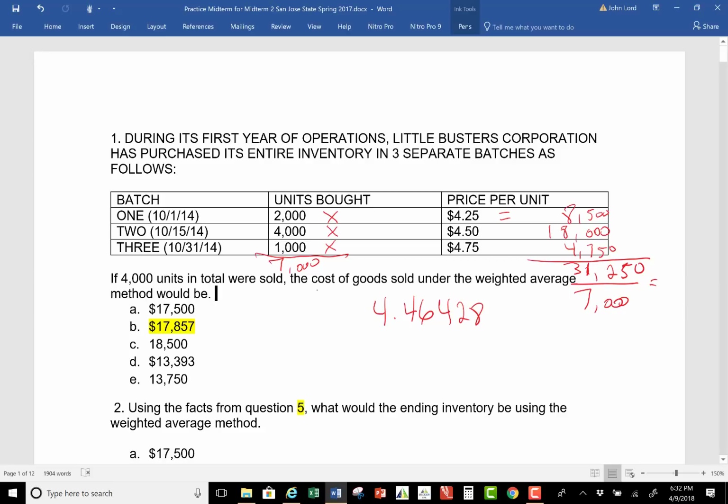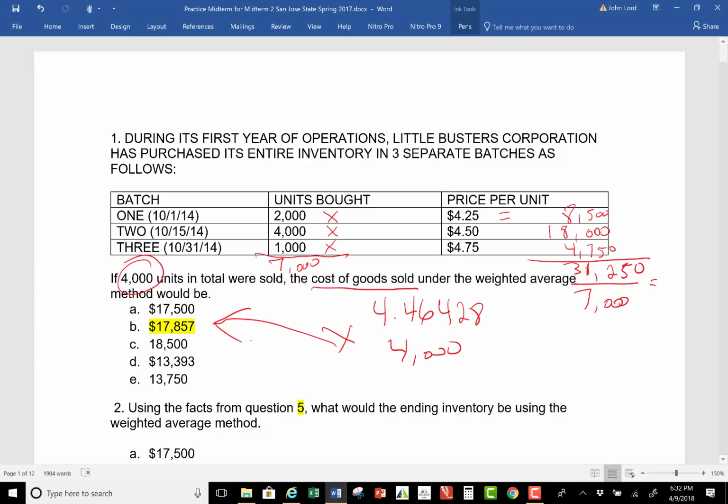So 4.46428, and if I want to know the cost of goods sold, and they tell me that we sold 4,000 units, I should be able to take 4.46428 times 4,000 and get something close to that 17,857 for the cost of goods sold.